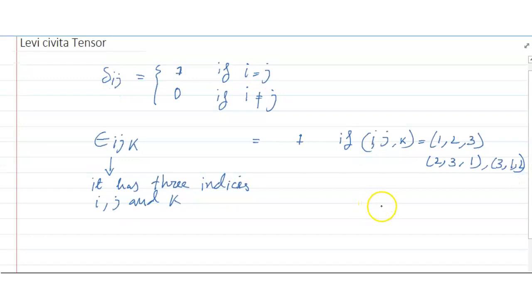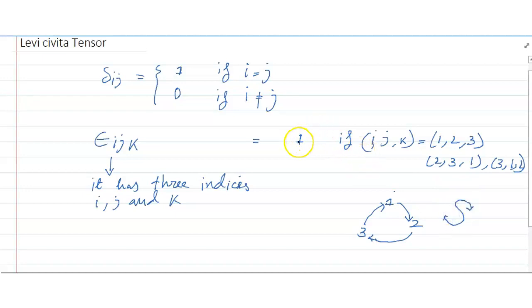You can see that ijk can be represented this way. This is 1, 2 and 3 and it moves this way. Let's start 1 2 3, then 2 3 1 and 3 1 2. This way you can understand this movement.